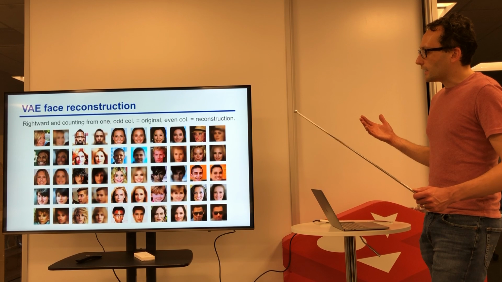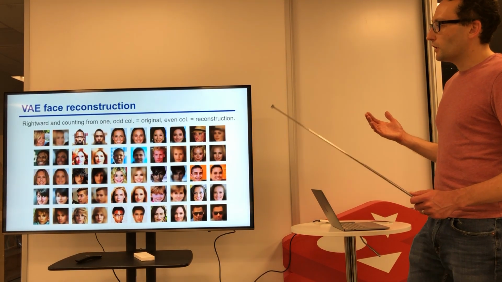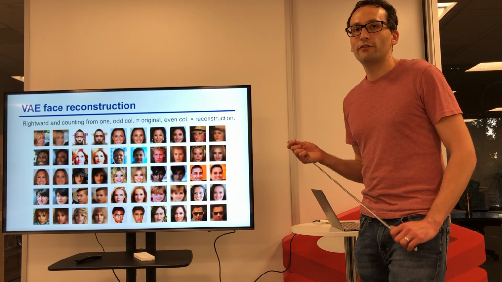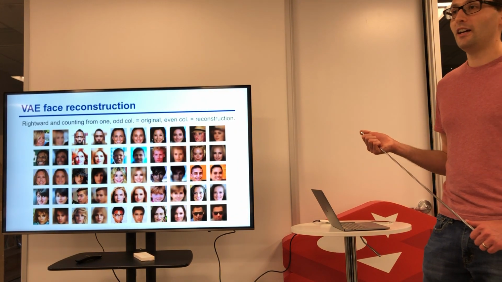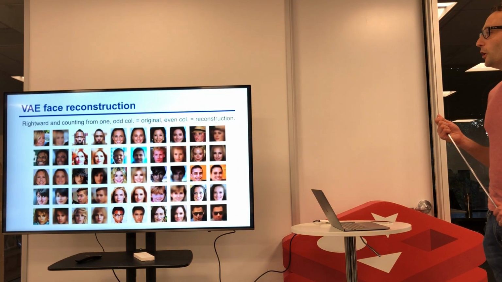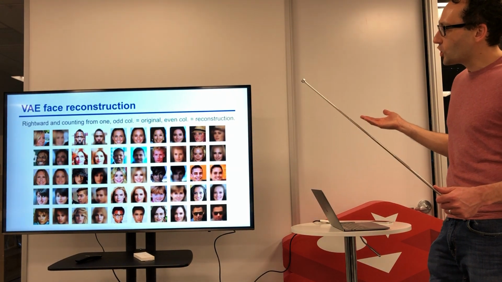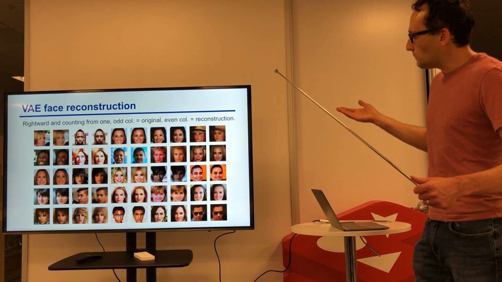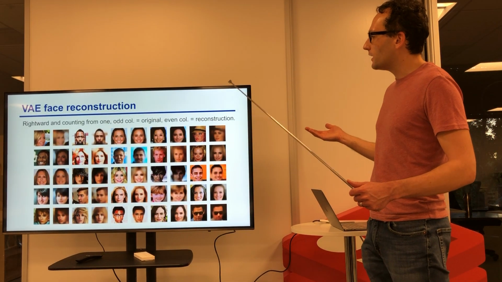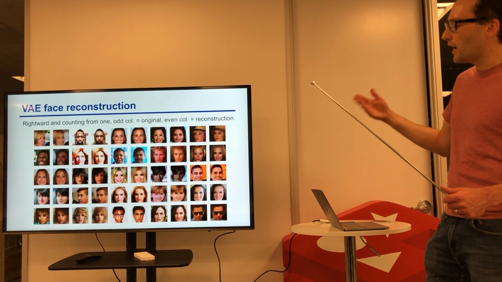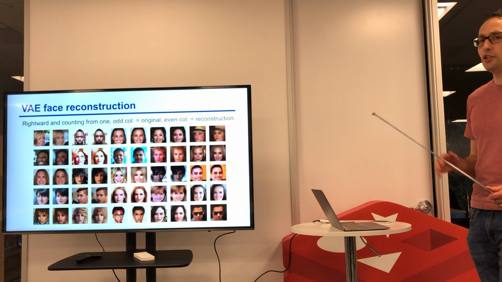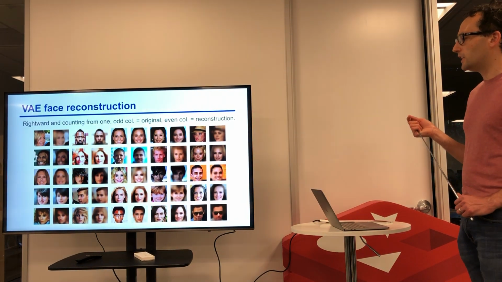Now, I think it gets even a little bit more compelling when we look to faces, because we're wired from infancy to want to look at faces, I'm told. So let us do that. On the task of face reconstruction, we're doing about the same, it looks like, as an autoencoder. And in a few slides, I'll show things more side by side so you can really compare these different versions.